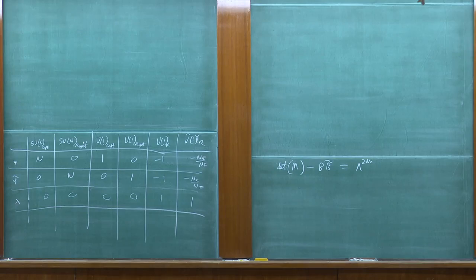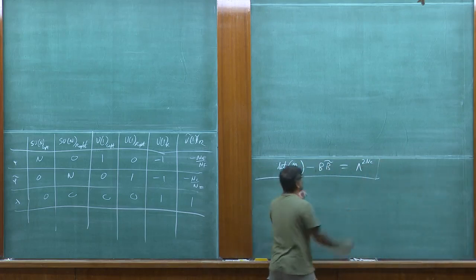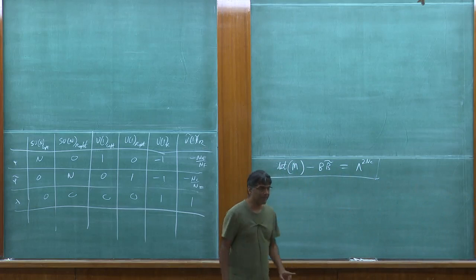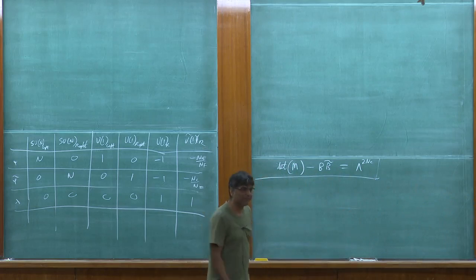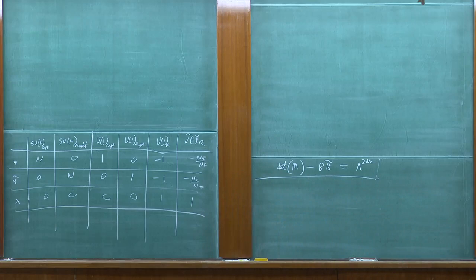And we outlined we could work at different points on this moduli space of vacua. There is no point in the moduli space of vacua that preserves all of the global symmetries of the problem, right? Because either B and B tilde, or M has to be non-zero so that this equation can be satisfied.